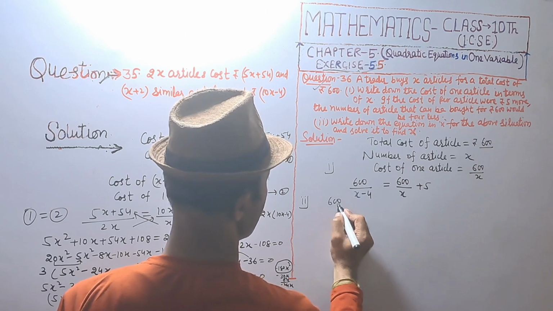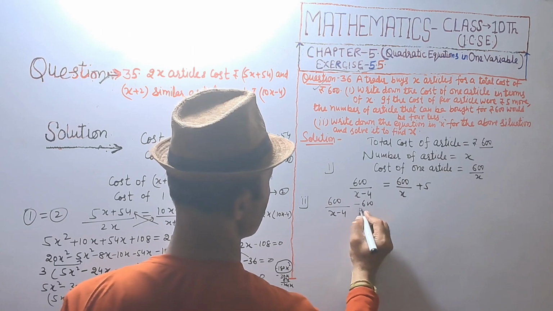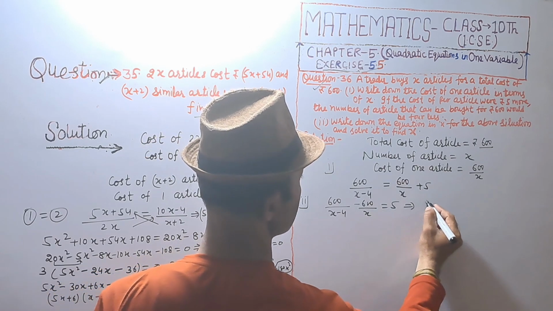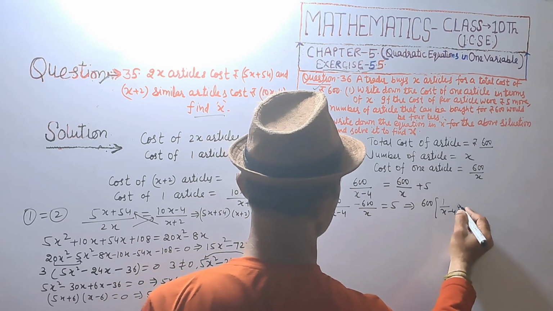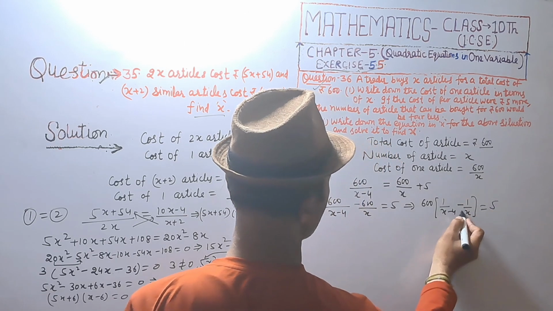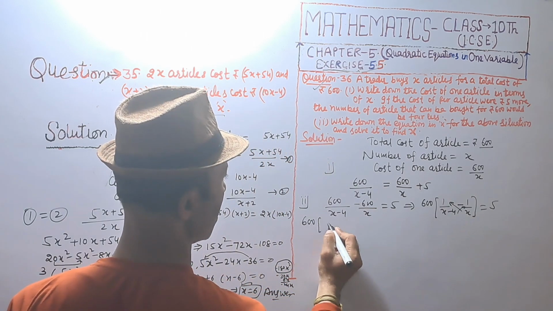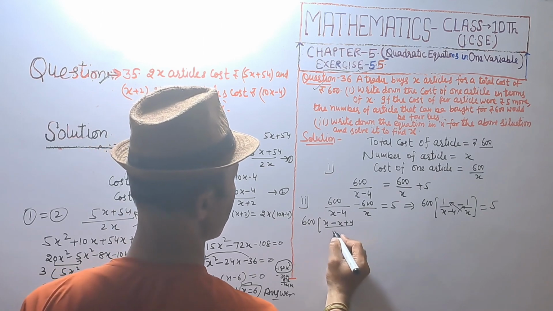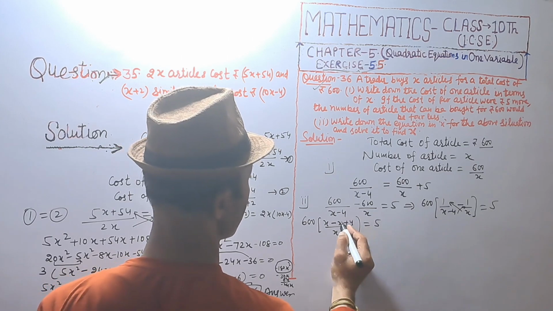That is 600 upon x minus 4. This is shifting left side. 600 upon x is equal to 5, which implies 600 is taking common 1 upon x minus 4 minus 1 upon x is equal to 5, and cross multiplying 600 into x minus x plus 4 divided by x square minus 4x, LCM is equal to 5.